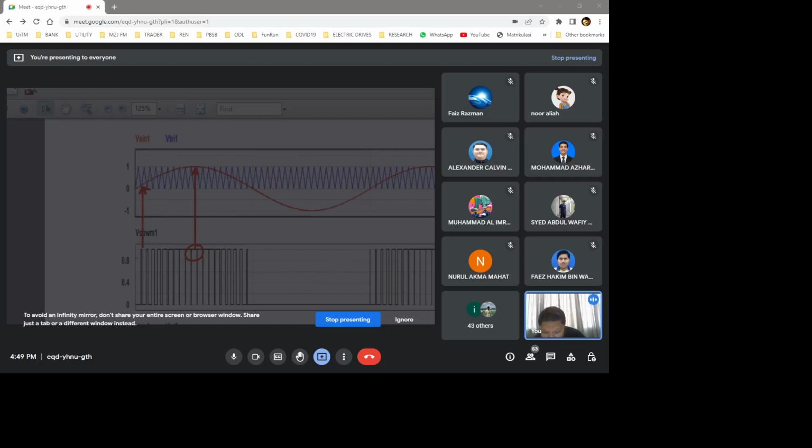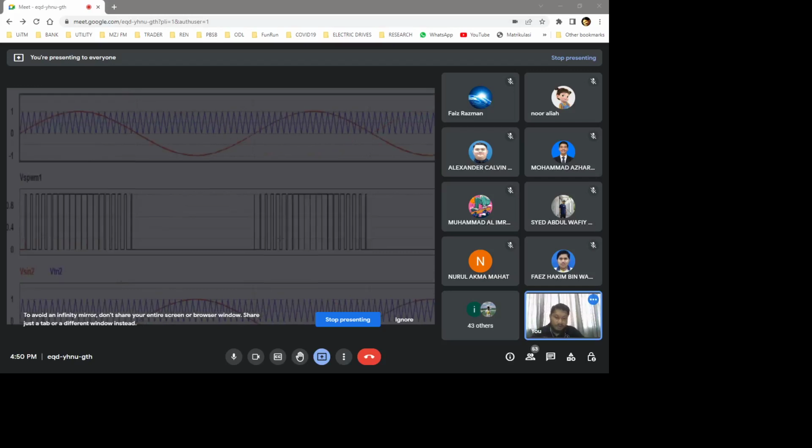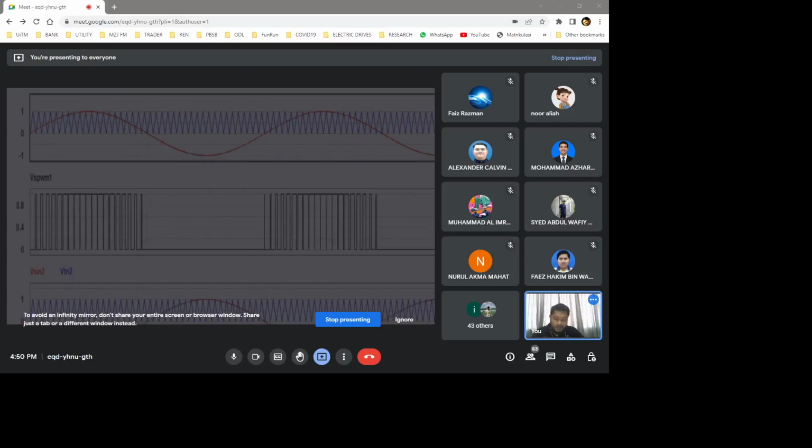That's why you have only that width, and then it keeps on increasing. The width keeps on increasing, and so this is the PWM waveform across your switch 1.